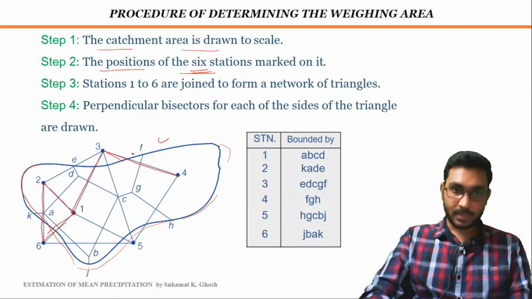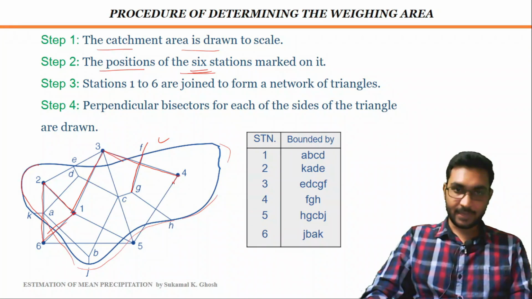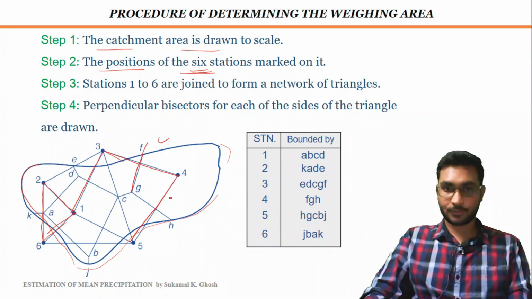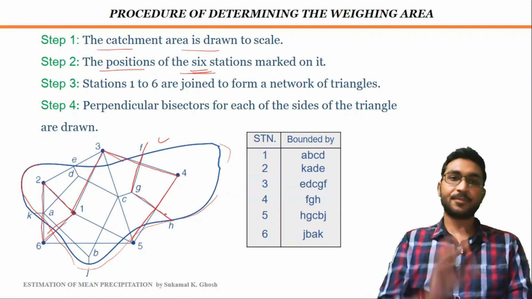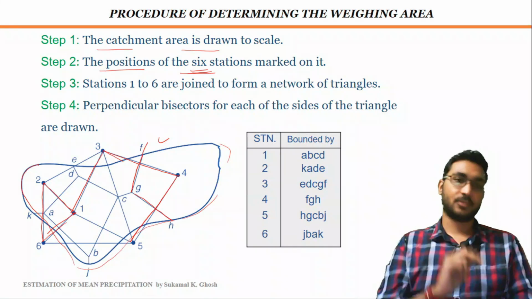So from here we need to draw a perpendicular. See, this is the perpendicular. In the same way, this is the line which is joining number 4 and number 5 rain gauge station. So we have to draw a perpendicular bisector on this line also. In this way we need to draw the perpendicular bisector for each side of the triangle.